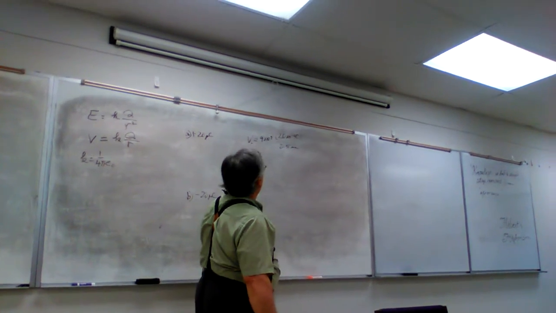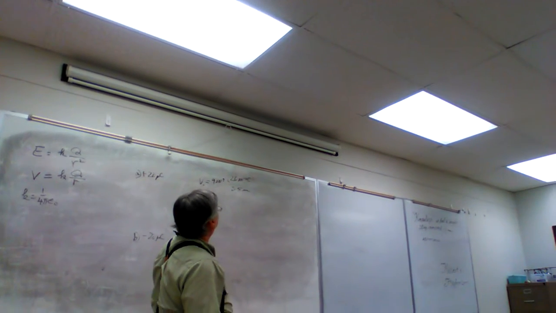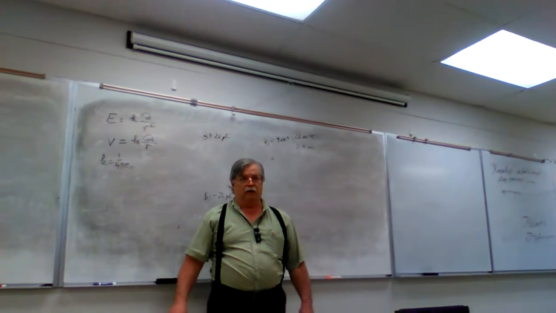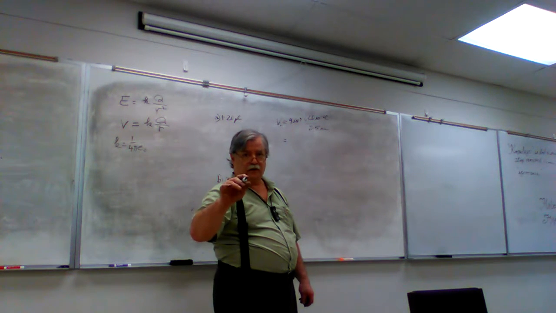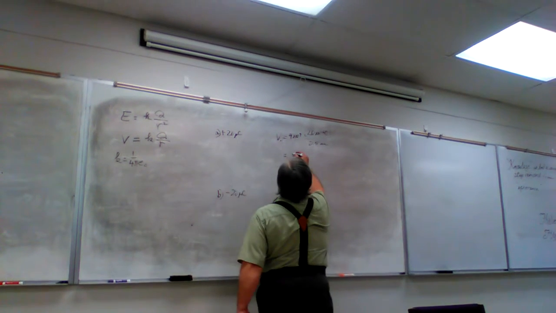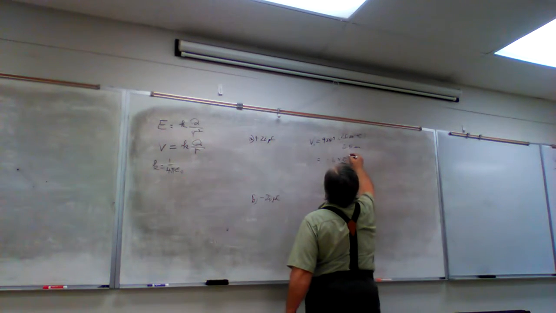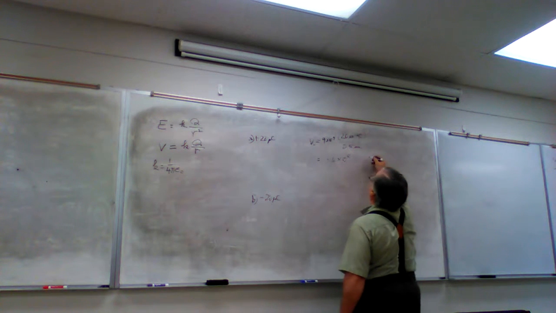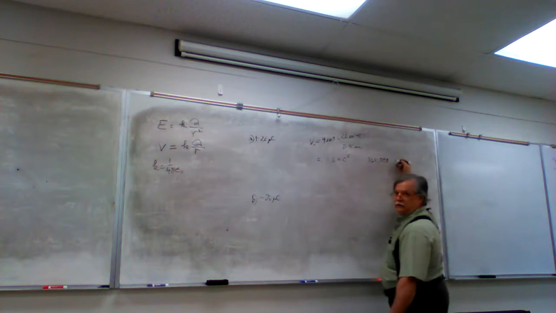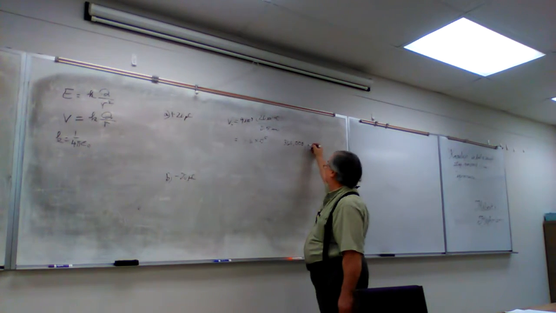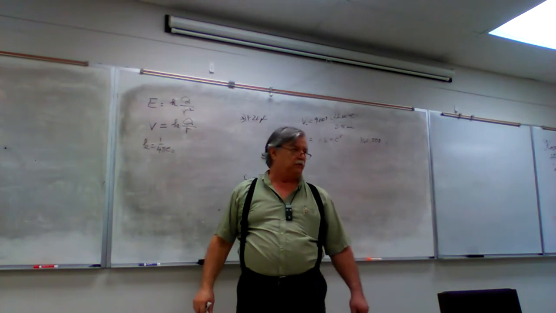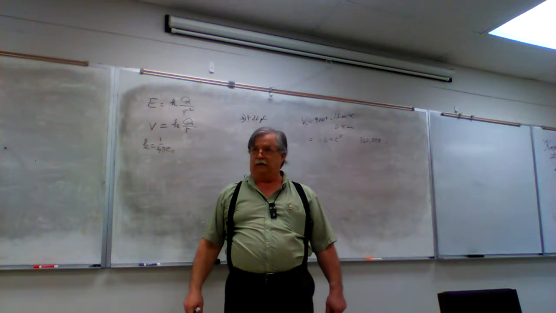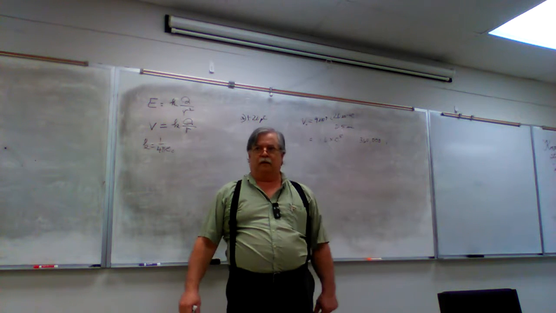That's 20 times 10 to the minus 6. So it's 3.6 times, so that would be 360,000 volts. So if you can put 20 microcoulombs together in a point and get half a meter away from it, that's how much voltage you'll have.